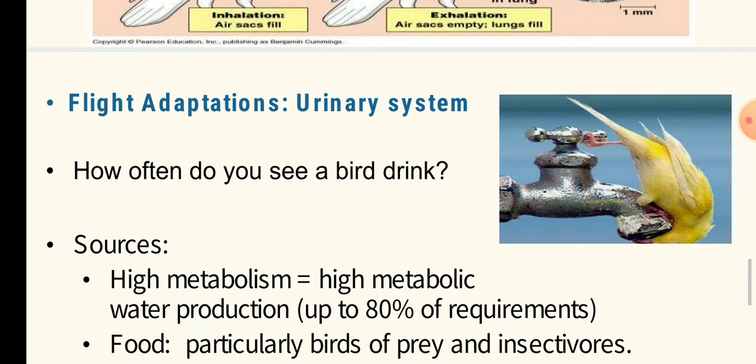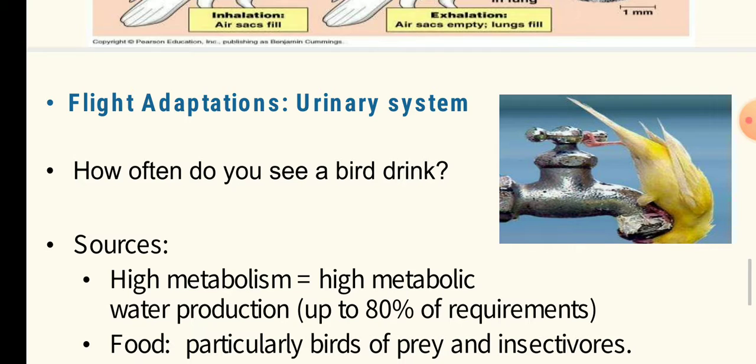Second, for reducing the weight of the body, there is no urinary bladder, and semi-solid urine is completely excreted out and not retained for long in the body.